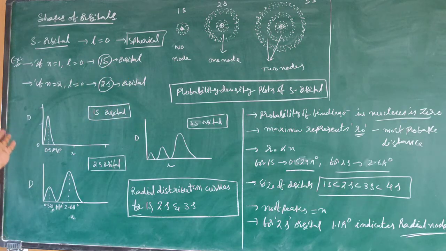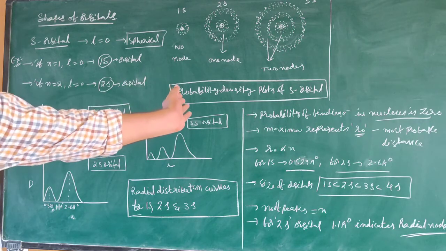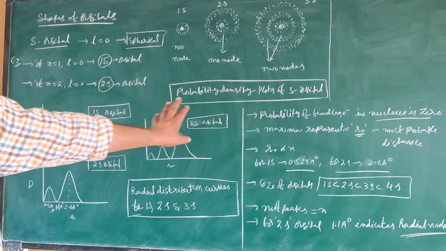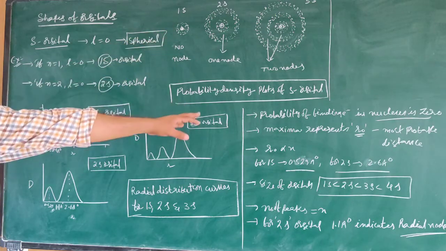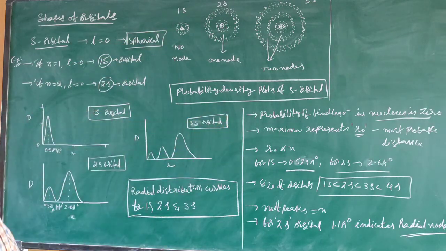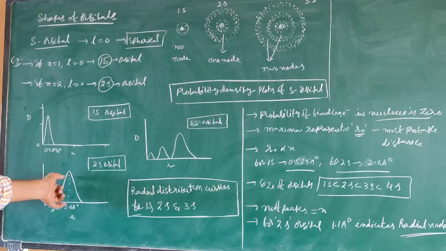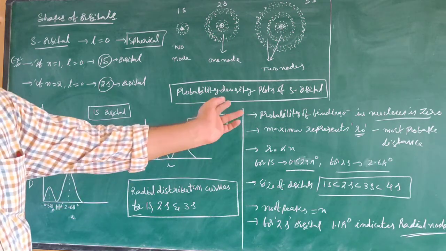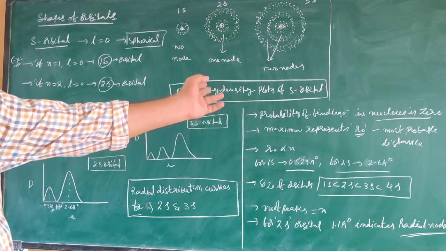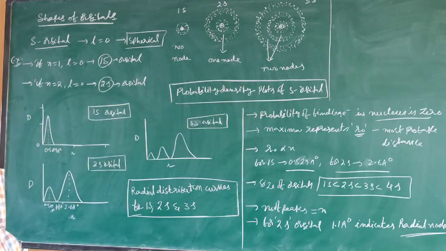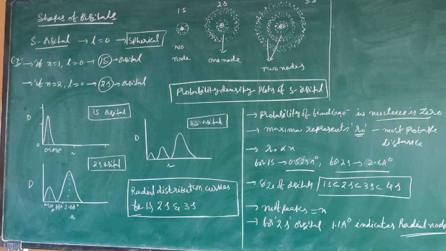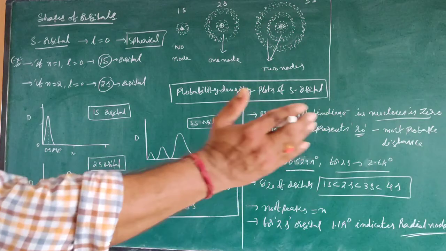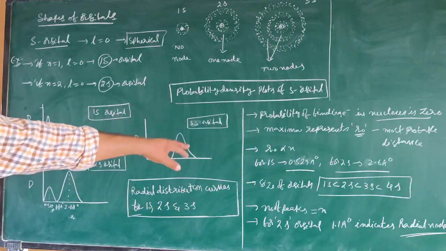If you consider the s orbital, the probability of finding the electron in the nucleus is 0, because in the nucleus there is no chance to have an electron. Suppose this is R0. The maxima represents R0, the most probable distance where there is a chance to have the electron. R0 is always directly proportional to N, because if the N value increases, the radius of the orbital increases.